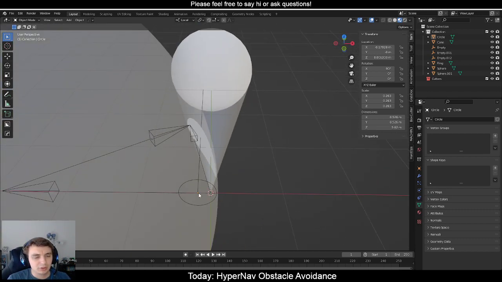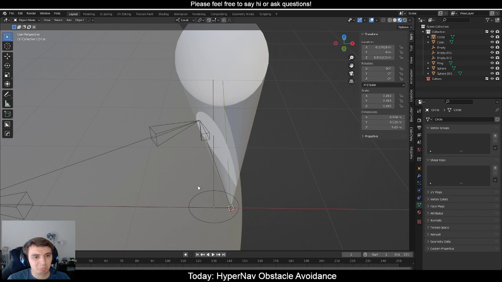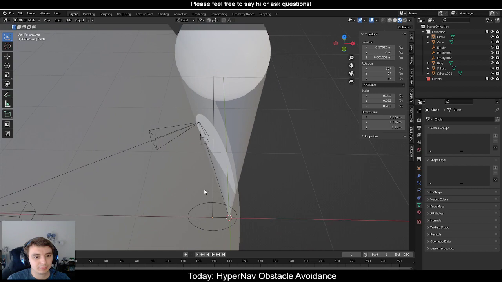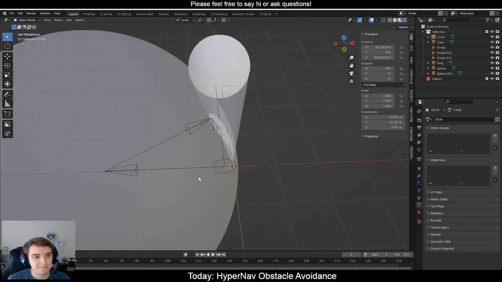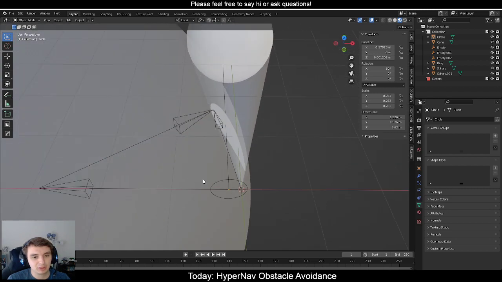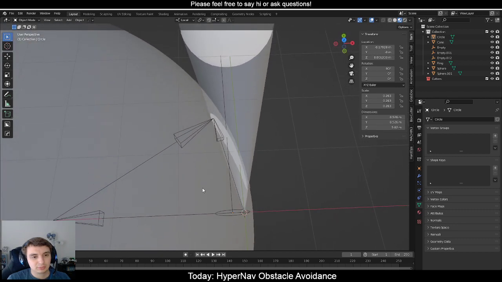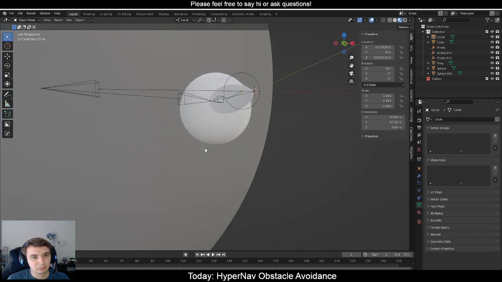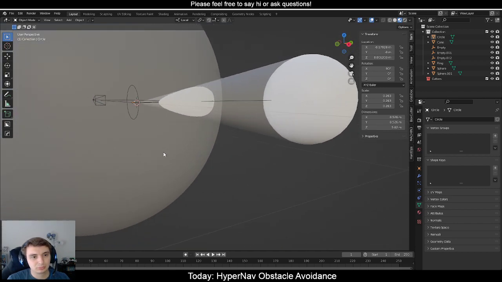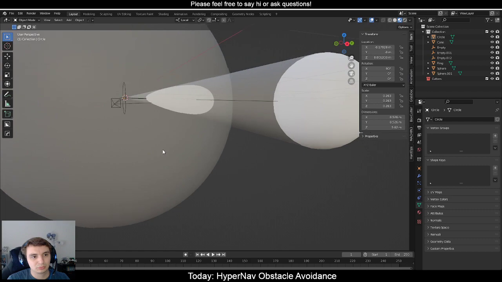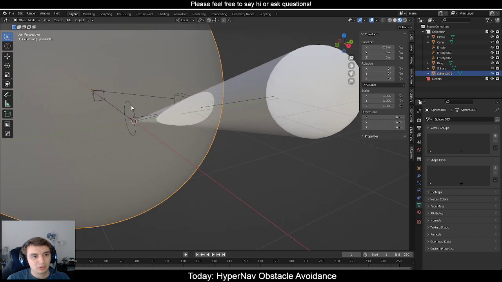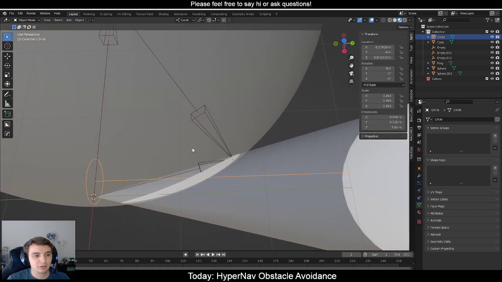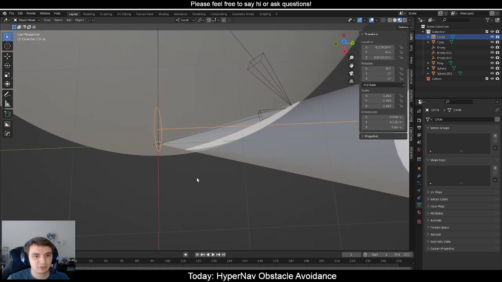Let's see, what lengths do I know? This circle is going to be the radius of the cone at some distance.